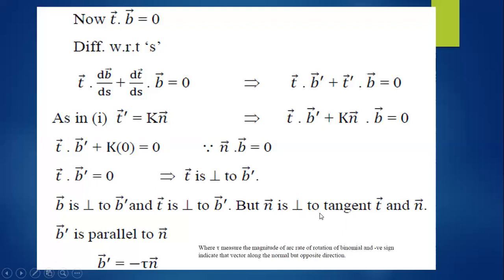But N is perpendicular to tangent T, so B prime is parallel to N. Thus B prime is equal to minus tau N, where tau measures the magnitude of the arc rate of rotation of the binormal, and the negative sign indicates that the vector is along the normal but in the opposite direction. So our second result is B prime is equal to minus tau N.